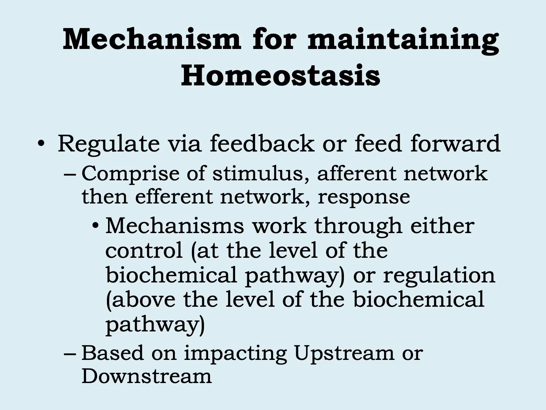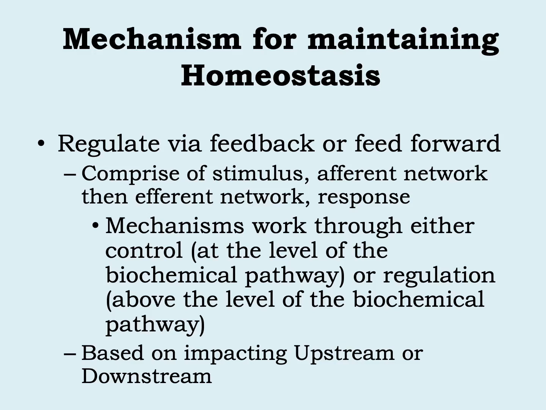Positive feedback is where each step that comes before it gets accentuated, where negative feedback is where each step that comes before it gets reduced. Opposite of feedback is what's referred to as feed forward. Feed forward is where we get accentuation after accentuation after accentuation. That is where the initial stimulus is triggering more of the initial stimulus. Whereas with feedback, we're trying to eliminate the stimulus from being there.